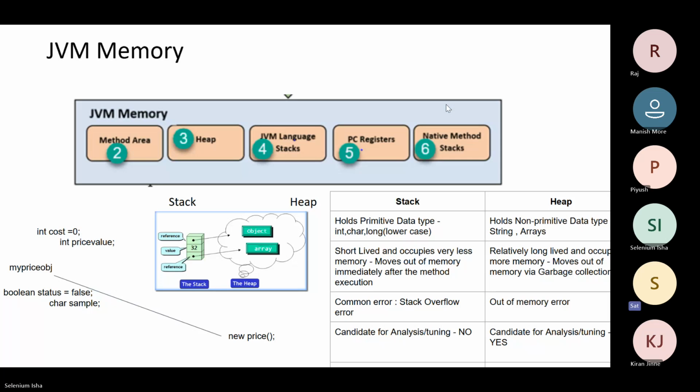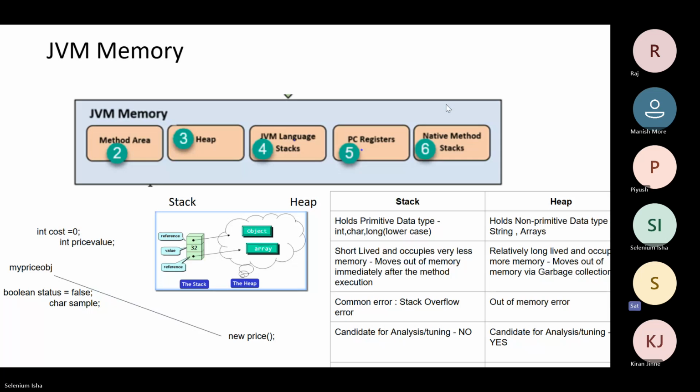The next one is your native method stack. As the name says, it's native. When your Java component is going to interact with some of your Windows components, some other Windows program, maybe a Python desktop application that is running, whether it is going to interact with your Windows component or desktop components, whatever memory is required for maintaining that connection will be there in your native method stack.